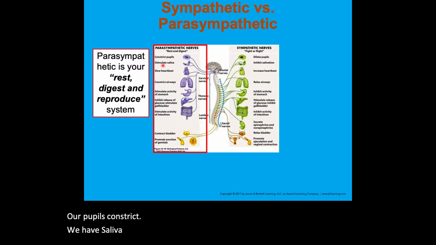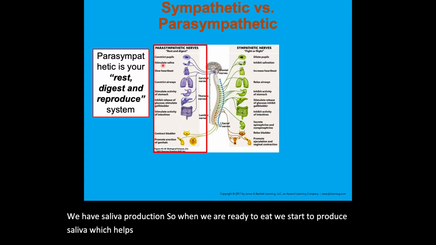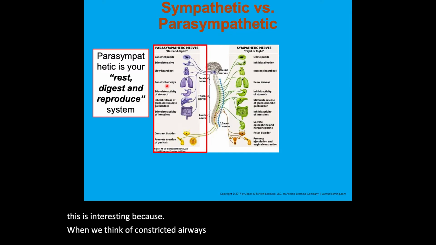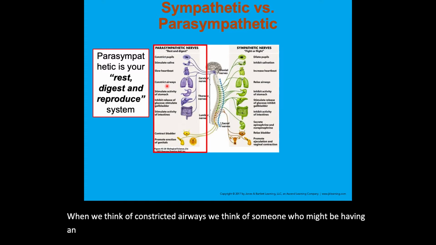So when we are ready to eat, we start to produce saliva, which helps mechanically and somewhat chemically break down our food for the digestion process. Our heart rate slows down. It constricts our airways. This is interesting because when we think of constricted airways, we think of someone who might be having an asthma attack or someone who's experiencing anaphylaxis. But that is not the case here.